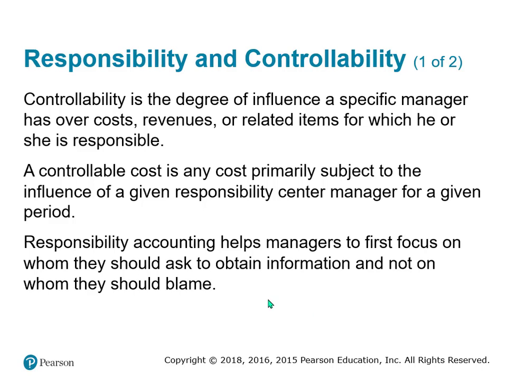So controllability is the degree of influence a specific manager has over costs, revenues, and related items for which he or she is responsible. A controllable cost is any cost primarily subject to the influence of a given responsibility manager. Responsibility accounting is more far-reaching. It helps managers to first focus on whom they should ask and not on whom they should blame.